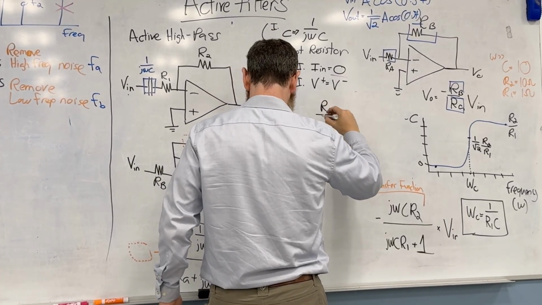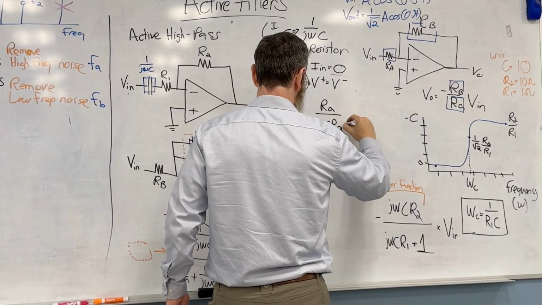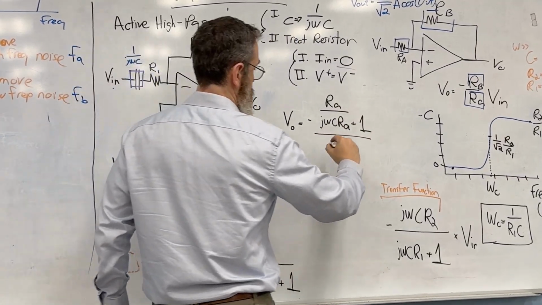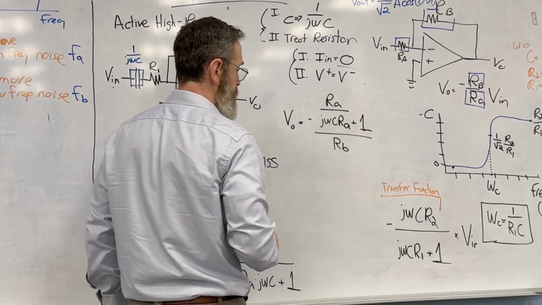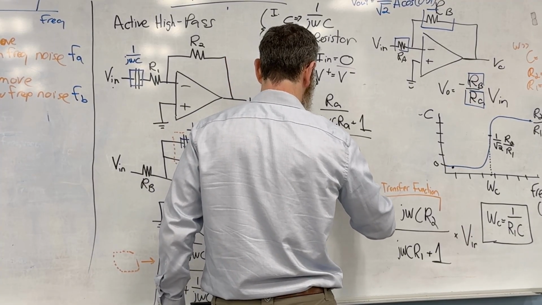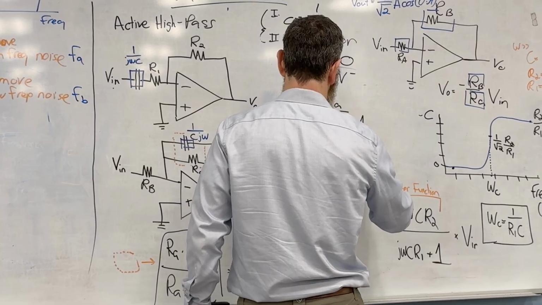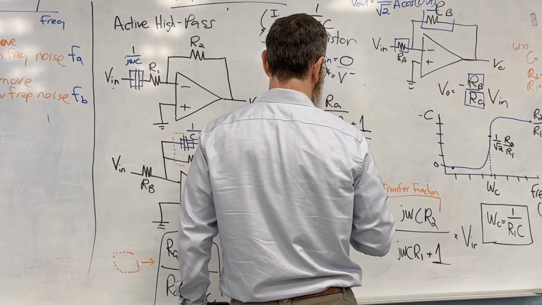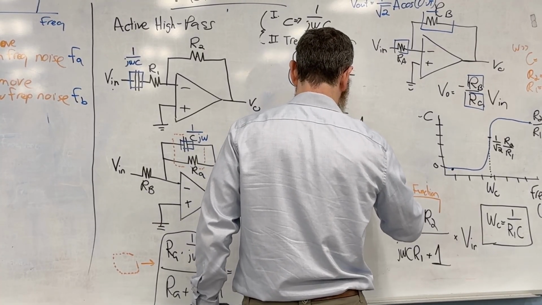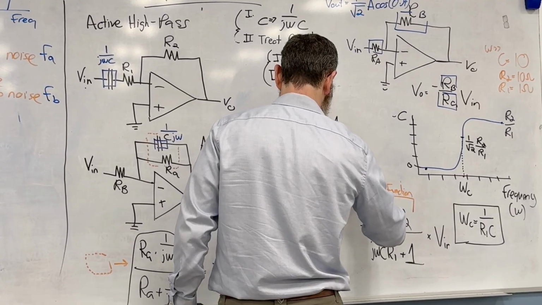R sub A over JWC R sub A plus 1 over this one, R sub B. Or if you prefer, minus R sub A over R sub B times 1 over JWC R sub A plus 1.